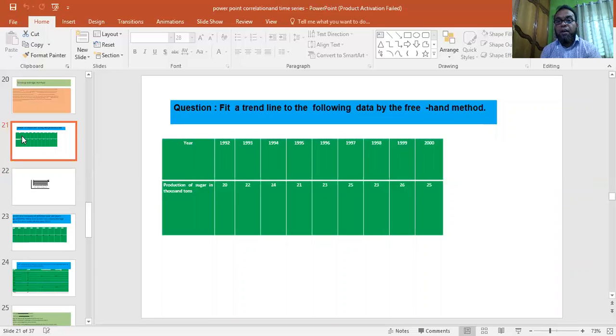This data is given and you have to show it on graph paper. This is called the fitting of a trend line by the freehand method.